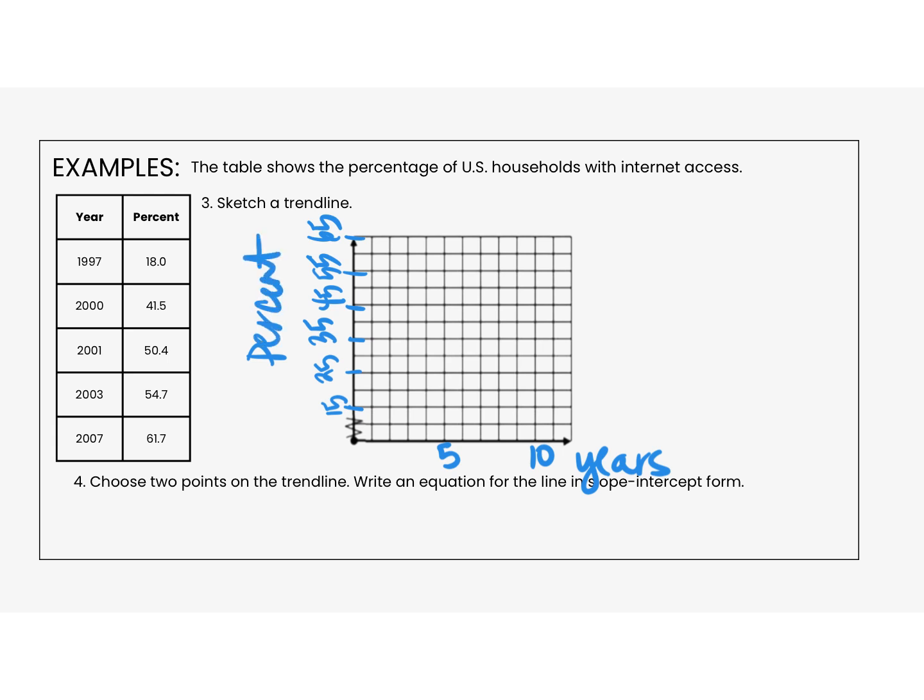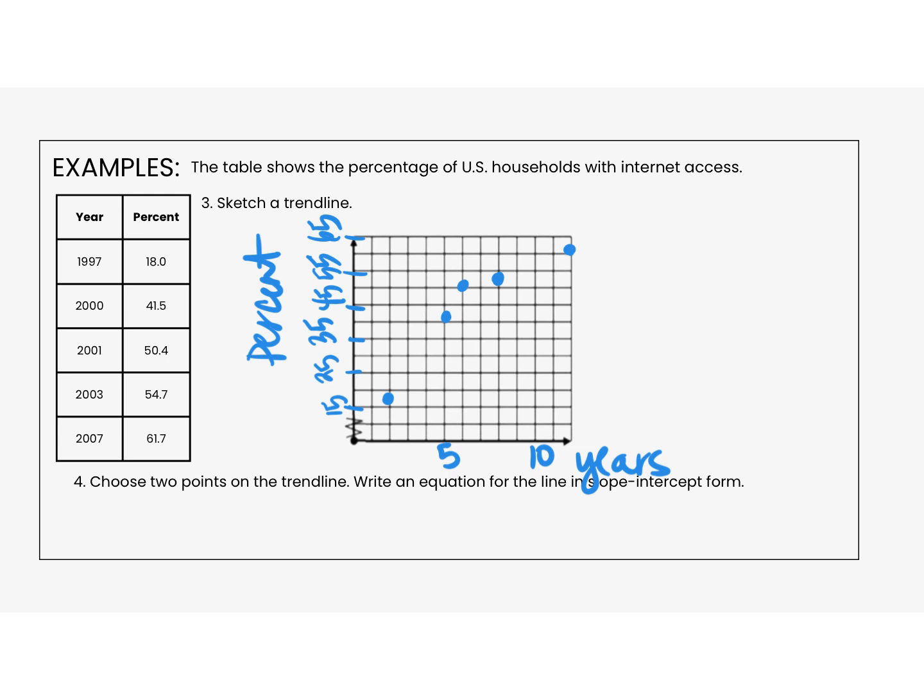And I graphed 2, 18. If you have already done this, you're not going to have to do it a second time. I just ran out of space on my slide, so we're going to do it again real quick. 5, 41.5, 6, 50.4, 8, 54.7, and then 12 is 61.7, so that's somewhere over there.